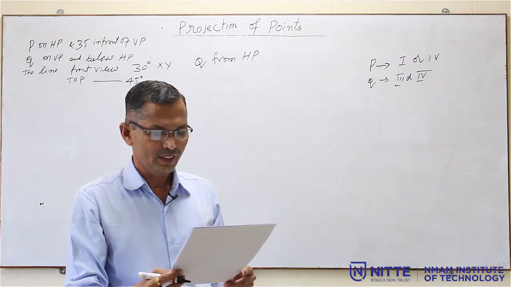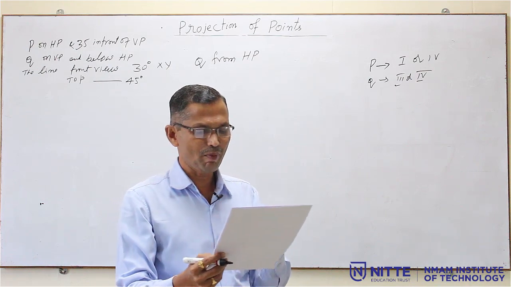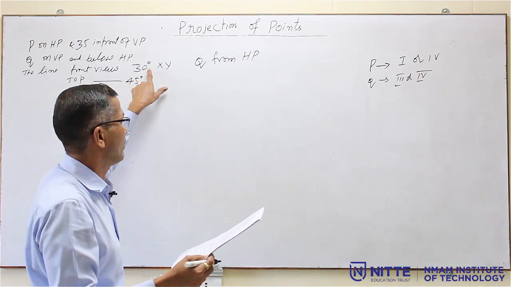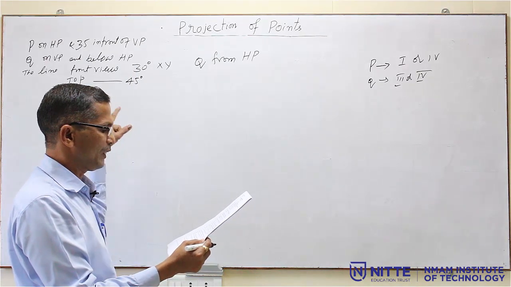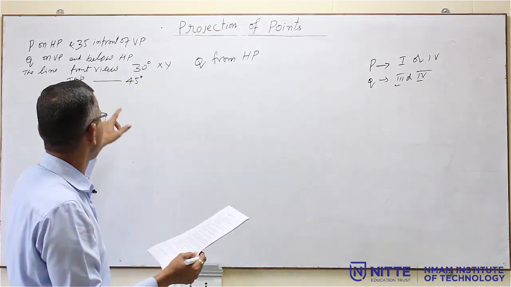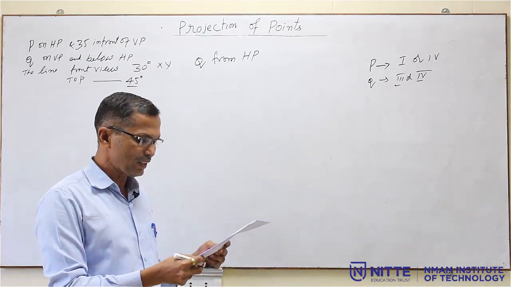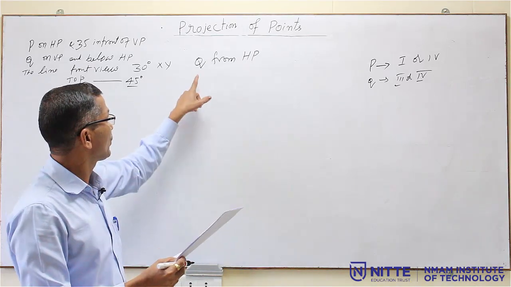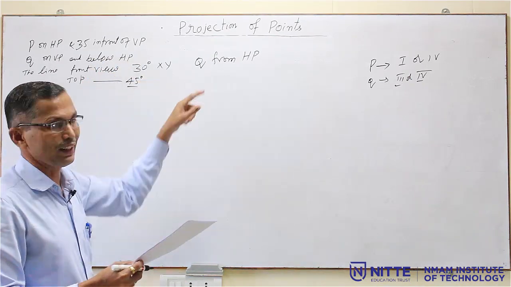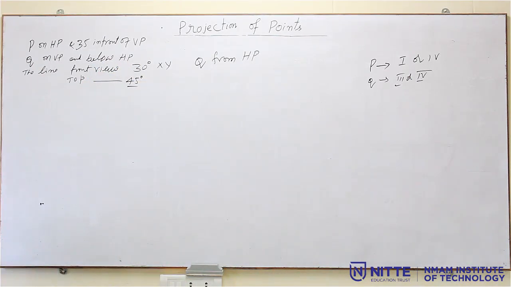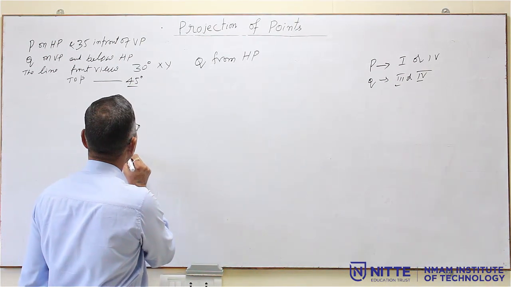The front views are connected by a line, and it makes an angle of 30 degree with XY line. Similarly, top views of the 2 points, P and Q, are connected, and that line makes an angle of 45 degree with XY line. You are asked to find the distance of Q from HP, because they have not given how much below HP. So, you have to find it. Now, how to solve this? First you draw the XY line.